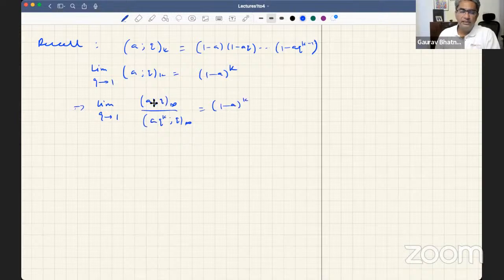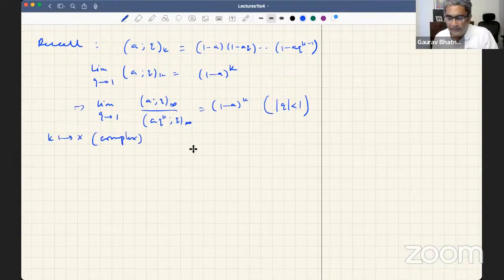And now, since we've got these infinite products, we want the absolute value of Q less than 1. And both sides of this equation make sense for K replaced by X, a complex number.